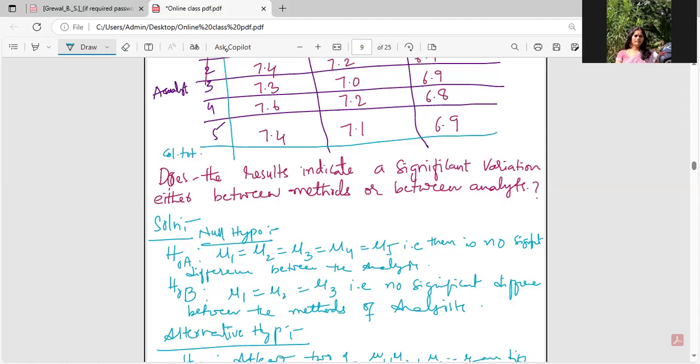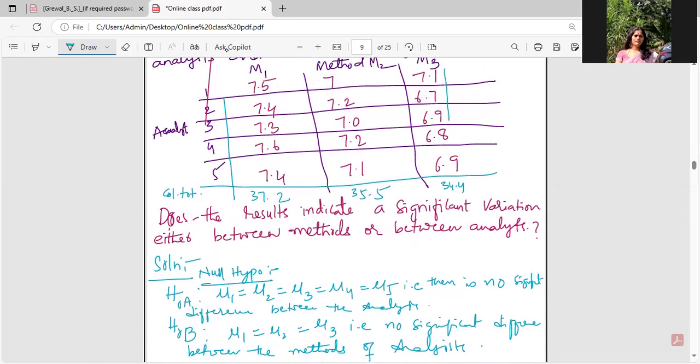I will just write here: 37.2, 35.5 and 34.4 are the values. Now coming to row totals, what I'll have is 21.6, 21.6, 21.3, 21.2, 21.6, 21.4. Now the grand total, I'll call that G, is 107.1 or something like that.